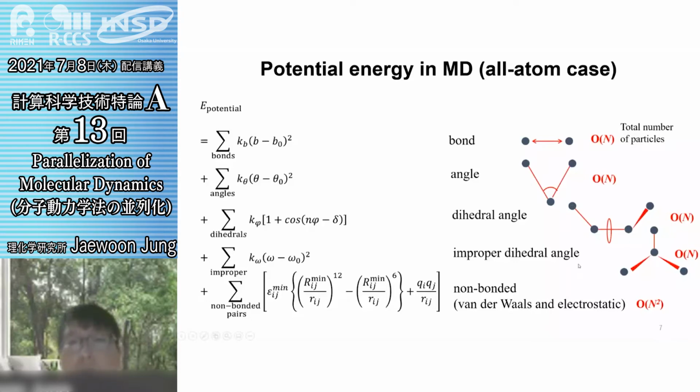In some cases, you also consider improper dihedral angle calculation. For all of these calculations, the computational cost is just order of N, where N is the number of total particles. In fact, these are not so time consuming. But the problem is the non-bonded interaction. In MD, usually we include van der Waals and electrostatic as non-bonded interaction. The computational cost becomes order of N squared. This is the main bottleneck in MD calculation.